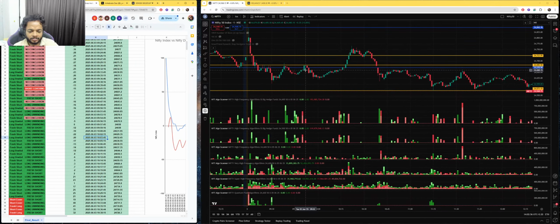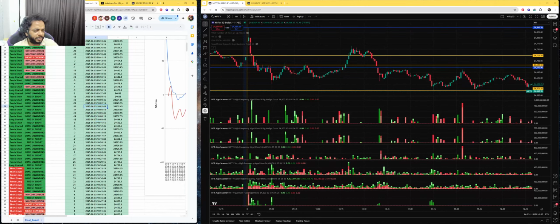At 1003, again the short sellers came in, 1010. Almost here again they started shorting. I think a short straddle was being formed, and it slightly came down negative there, but again recovered, and then went into the positive zone, around 1033.